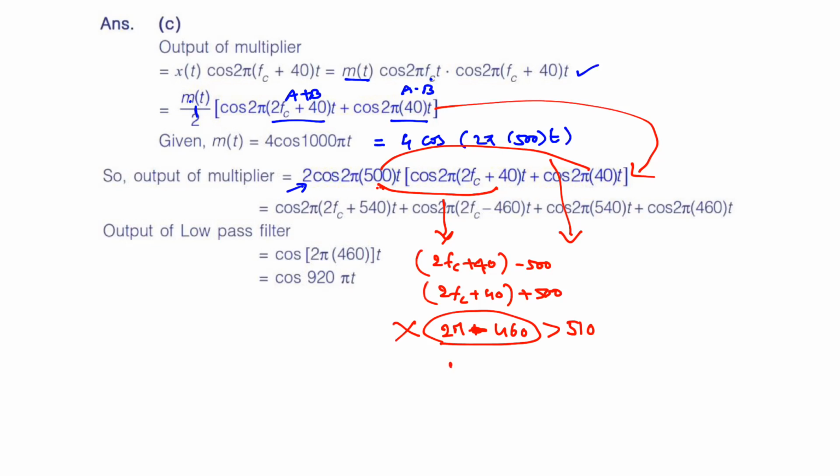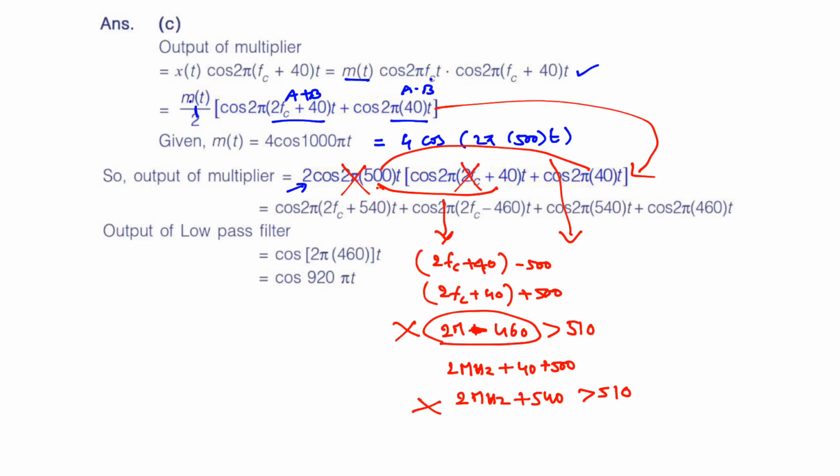Next, 2 megahertz plus 40 plus 500 is 2 megahertz plus 540, which is also greater than the 510 hertz of the low pass filter. Up to 510 it passes, but these frequencies are more than 510, so this term doesn't come out of the low pass filter.